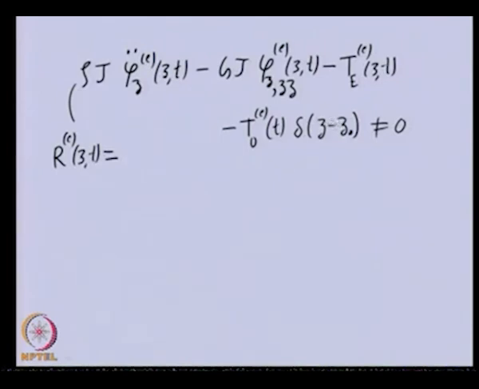Now, we want to minimize this particular residual as we do in the Galerkin method, by multiplying by the shape function and equating it to 0. So, this is the Galerkin method. Now I am substituting the residual from the previous slide, and I will get terms like this.